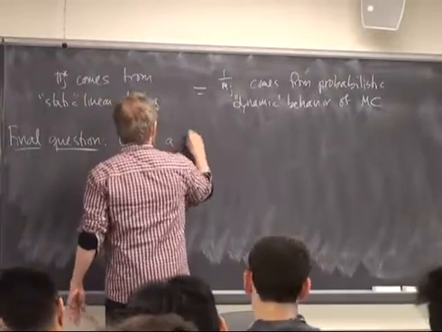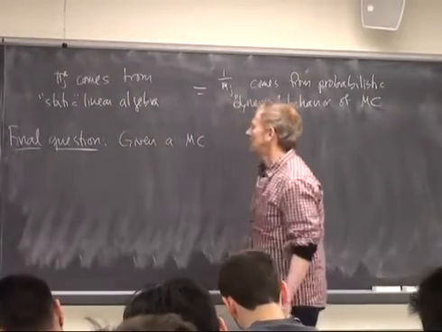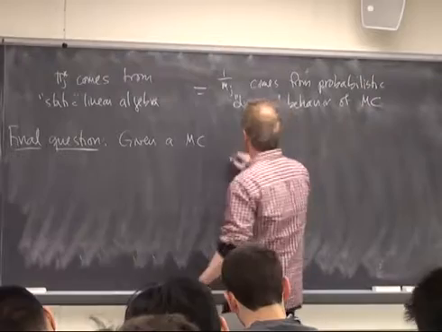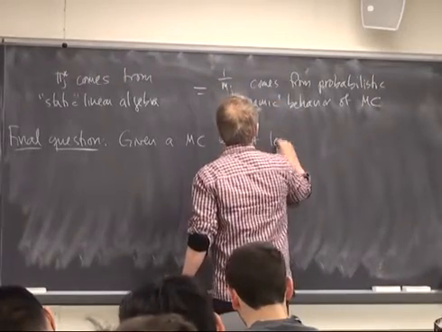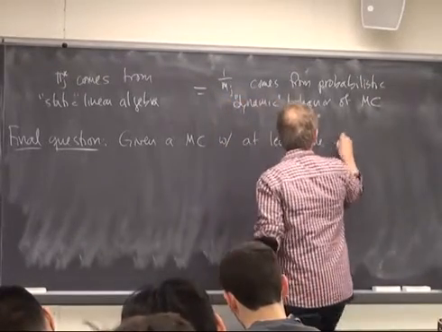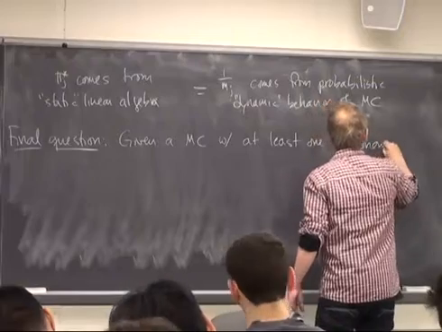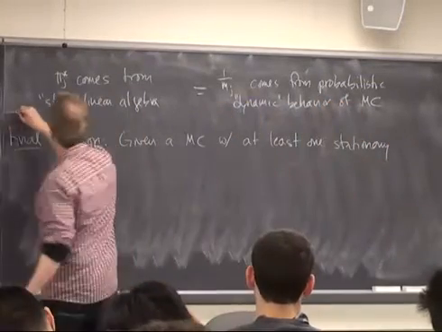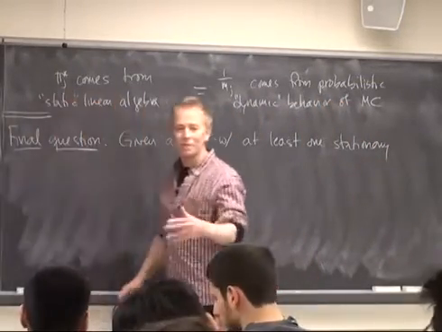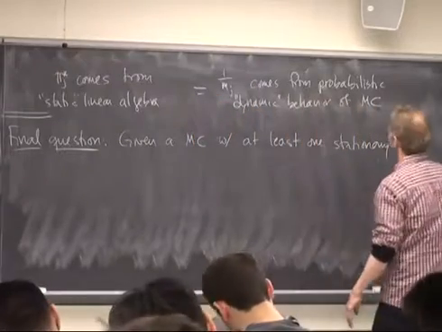Given a Markov chain that has at least one stationary distribution, and let me put a double line here because we're now back to the general case of infinite Markov chains here.